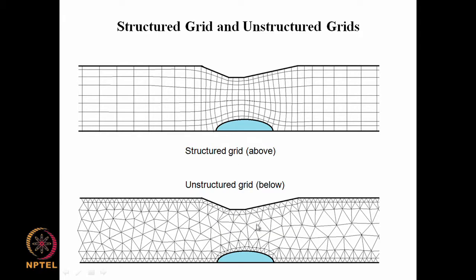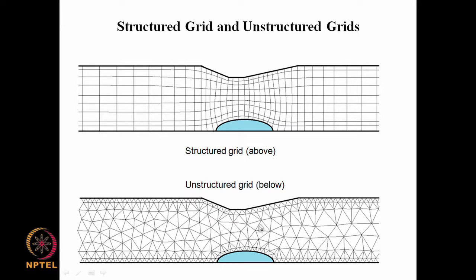In the case of the Poisson equation on this triangle here, we will have one neighbor here, one neighbor here and one neighbor here. So, the equation for this cell will have the value of phi at this centroid, this centroid, this centroid and this centroid.